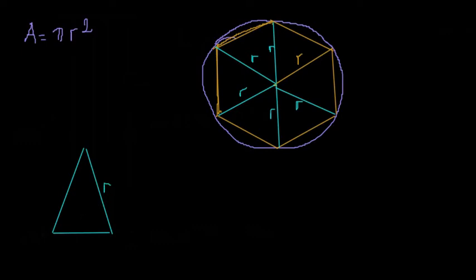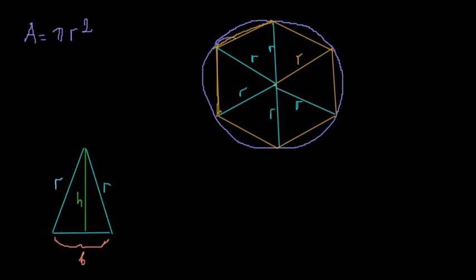We have the height of the triangle, so we call the height h, and our triangle has the base, let's call it b, so this part is b. So we have six isosceles triangles with base b, height h, and radius equal to r.